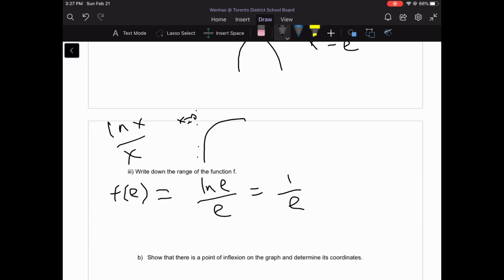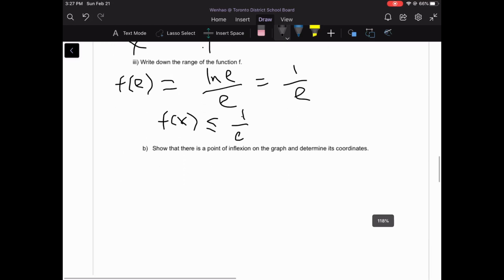Since x is positive, negative over positive approaches negative infinity. That means there is no lower bound for the range, and so the range is just f of x is less than or equal to 1 over e, because that is the maximum.